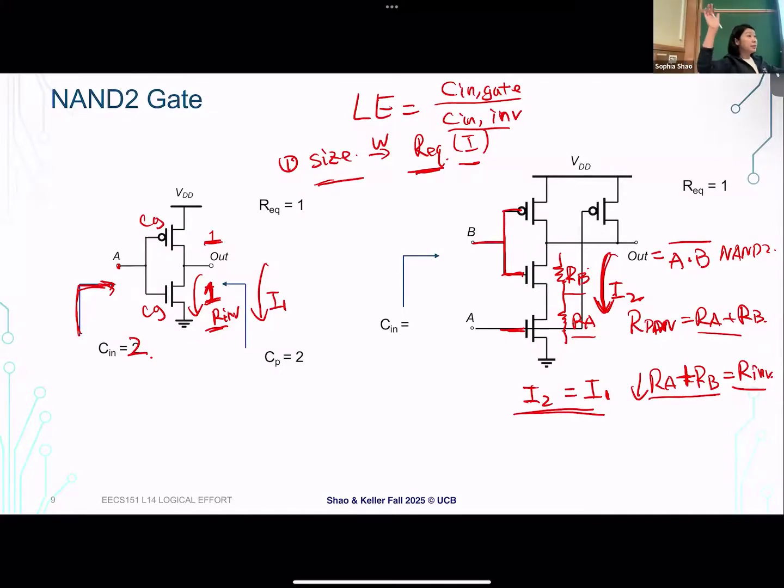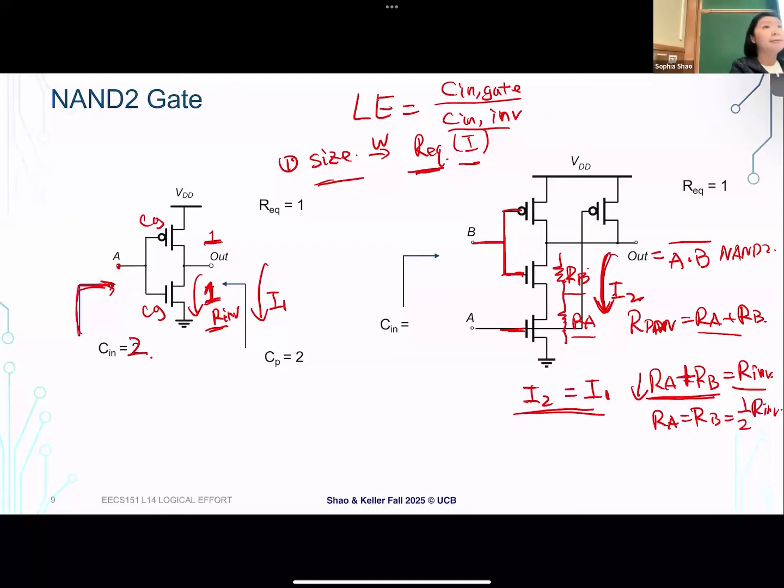So far makes sense, right? So now let's also assume they are sized the same, we actually want each of them to be much smaller, right? They have the same resistance and they will be half of the original resistance to achieve the same current.